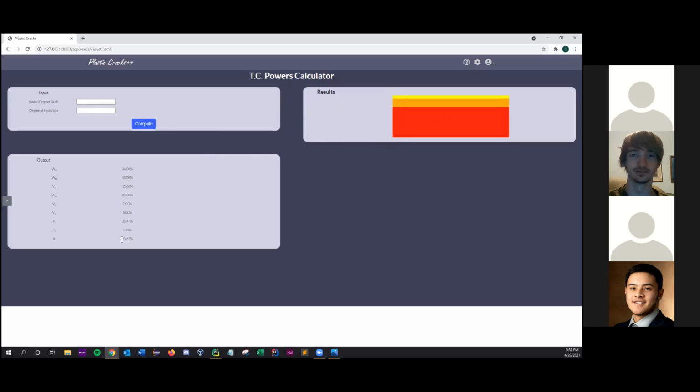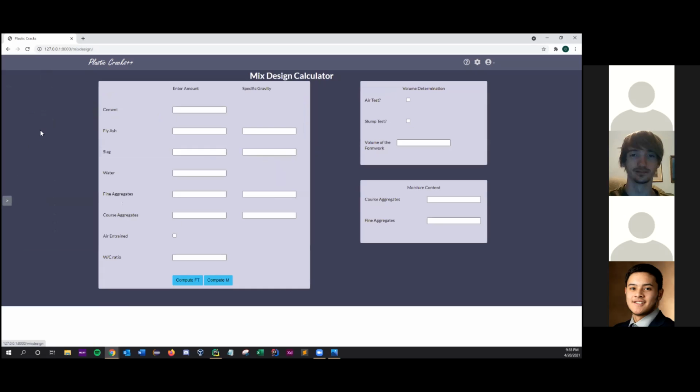So next we have mix design. The mix design calculator is fairly easy to use. The user will just enter the information almost like filling out a form.